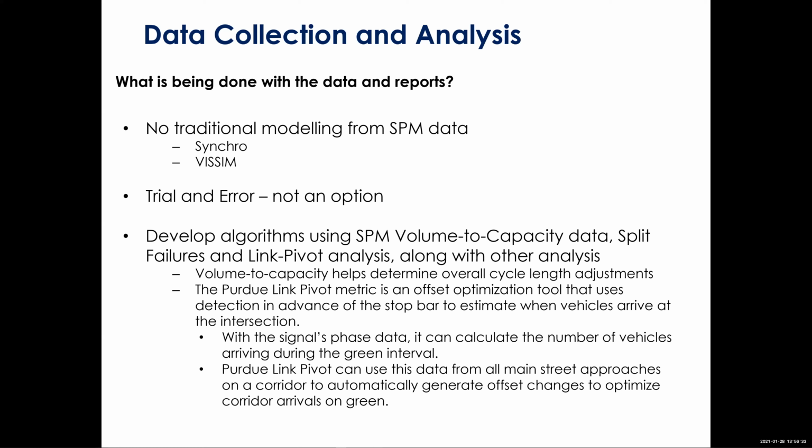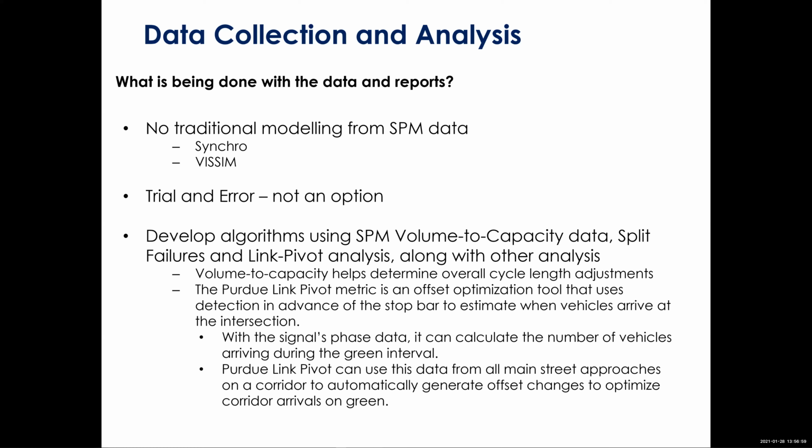So it's a little difficult to run any type of analysis that way. And of course, trial and error is not an option. We just can't look at the data and make an educated guess anymore to try to figure out what would do better at the intersections. So developing algorithms with the SPM data is crucial.